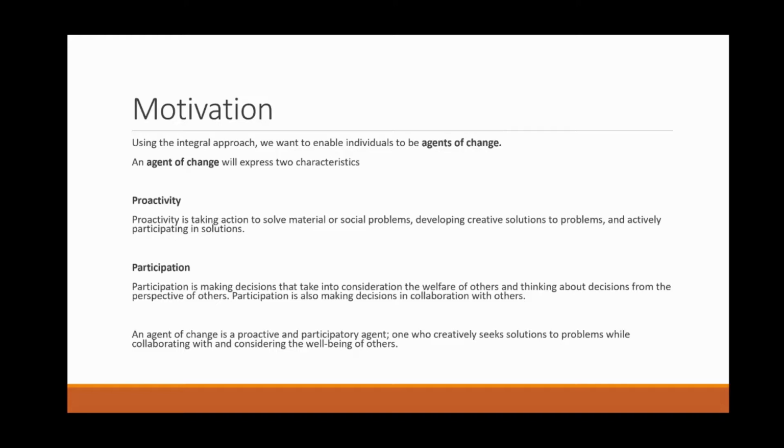Such a person is behaving and living to the full potential of being a relational utility maximizer. So an agent of change is a proactive and participatory agent, one who creatively seeks solutions to problems while collaborating with and considering the well-being of others. A good intervention is an intervention that helps to enable people to be agents of change.